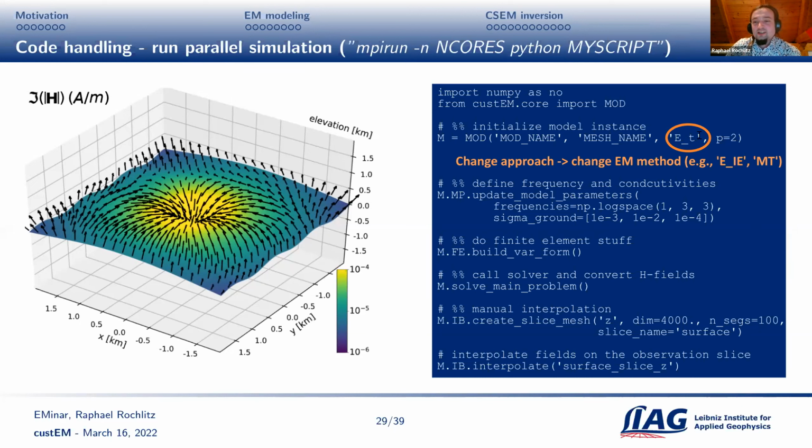We exchange our total electric field formulation with an MT approach, and we are getting an MT solution for the same model geometry. So this is what I meant with combining the different methods in a single environment. Other things are defining model parameters like frequencies and conductivities, the finite element stuff, and the solution process is very automated. And at the end, we can interpolate our results wherever we like.